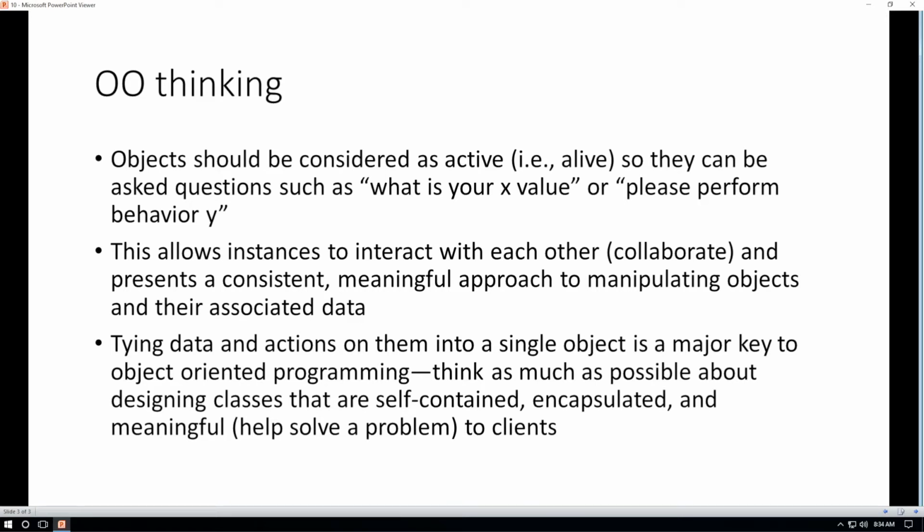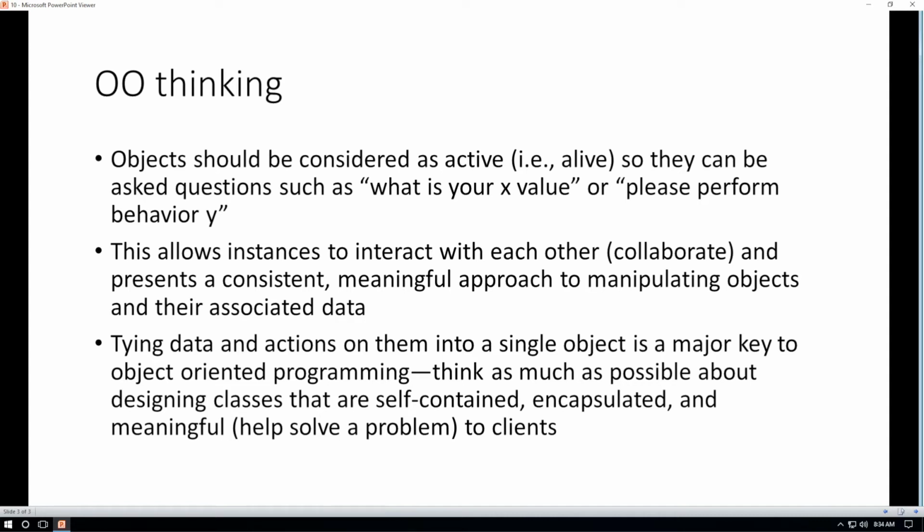Try to think as much as possible about designing classes that are self-contained. That is, they represent as much of the necessary data as possible. Encapsulated: the data is hidden away and available to clients only through the public method interface that's presented. And meaningful: that is, enough data to help a client actually solve a problem.